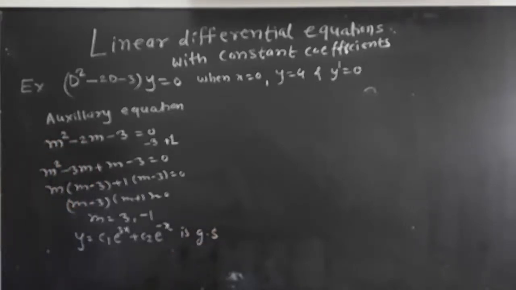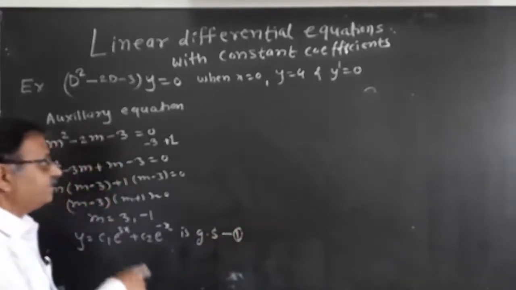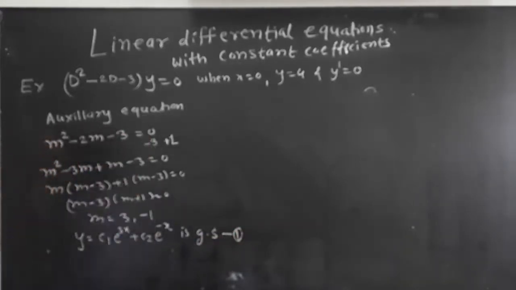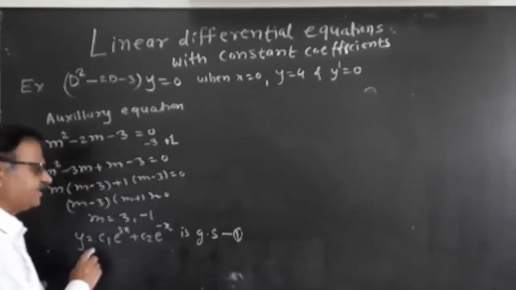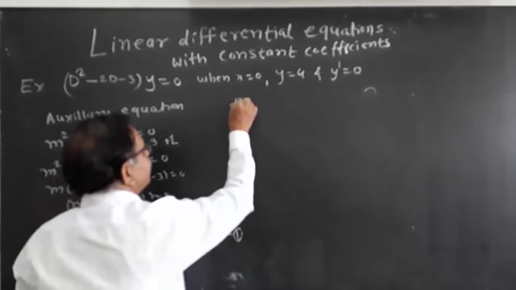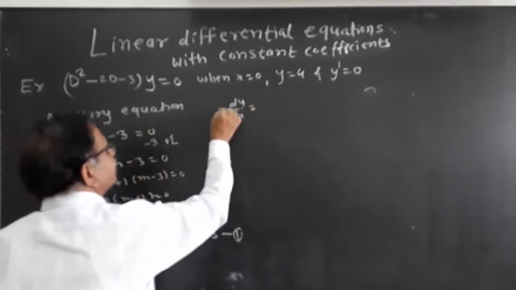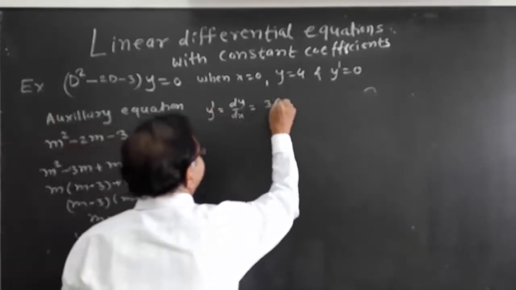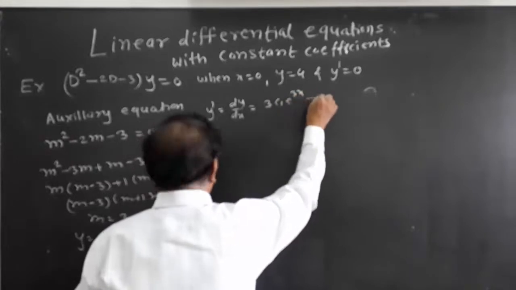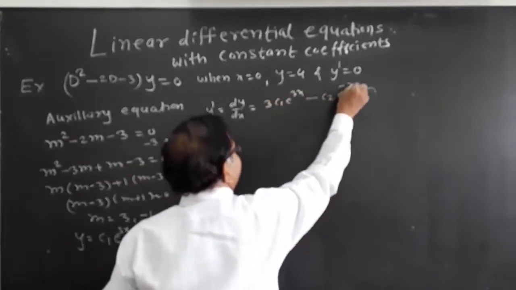Now, to find the particular solution, we shall find the values of c1 and c2 by using these conditions. For the condition on y dash we require the derivative, therefore we differentiate: dy by dx, y dash equal to 3c1 e raised to 3x minus c2 e raised to minus x.